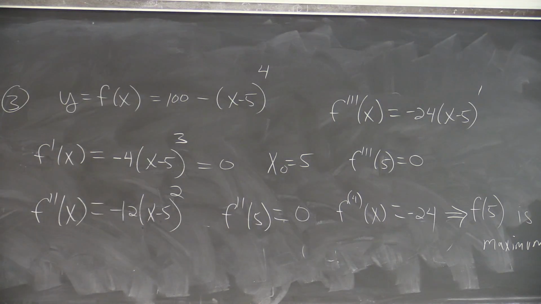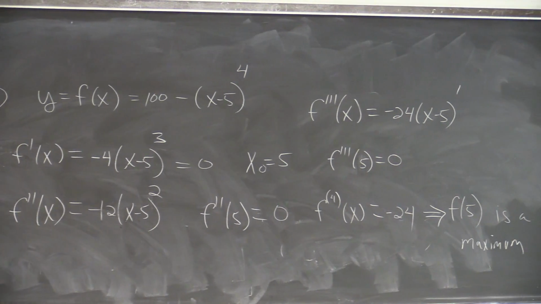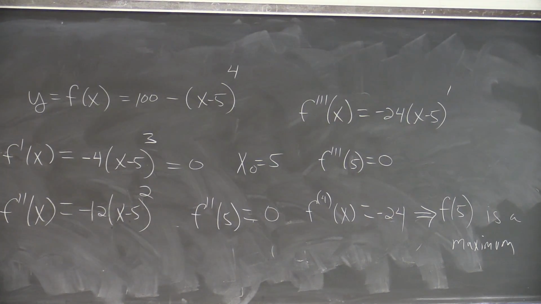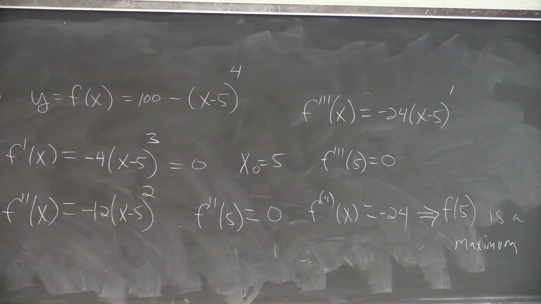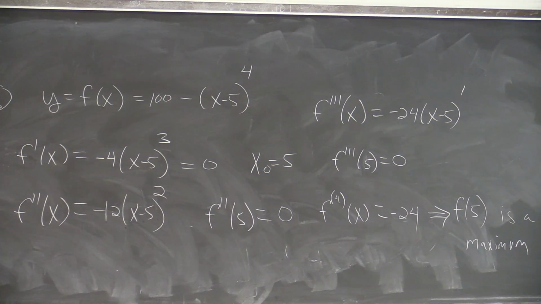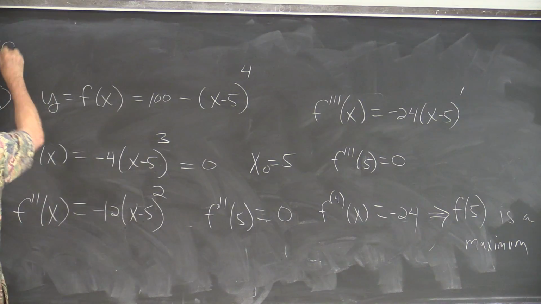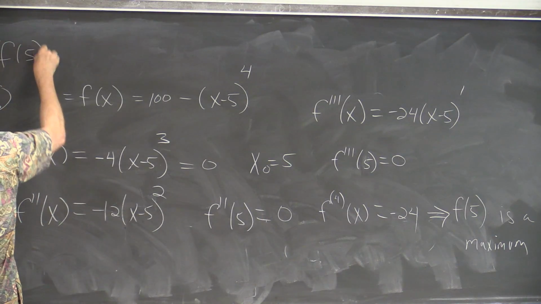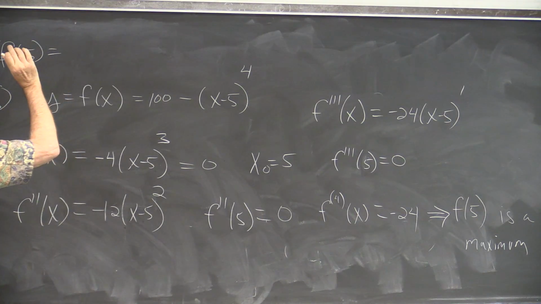And actually, this nth derivative test, as the book explains, is derived in a pretty straightforward way by using Taylor's theorem. Actually, how could you figure that out intuitively? By the way, what is f of 5? What is the maximum? 100.